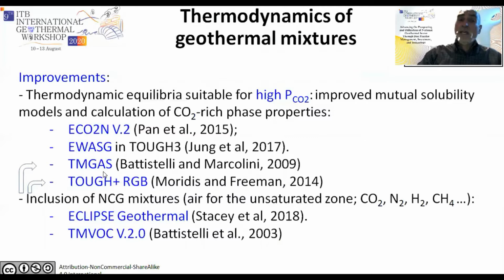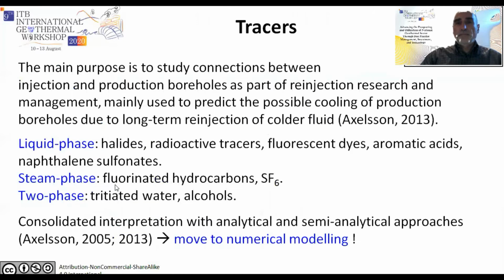There is TMGAS, which has been developed for modeling of gas mixtures in geological structures. Again, TOUGH plus RGB. And we would like also to be able to model mixtures of gases. Codes already able to do that are Eclipse, Geothermal, TMVOC, which has been developed not for geothermal application but can be used also for that, and again, TMGAS and TOUGH plus RGB.